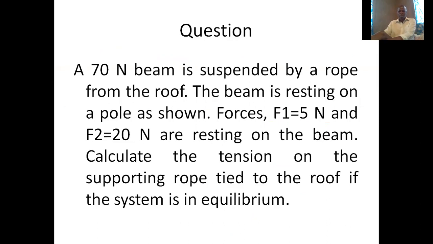You note that it's not always that on the same side the forces will all be in the clockwise direction, as we shall see in this part of the question. So it's important to be able to identify which forces are in the clockwise direction and which forces are pulling in the anti-clockwise direction. And so here we have a 70 Newton beam.